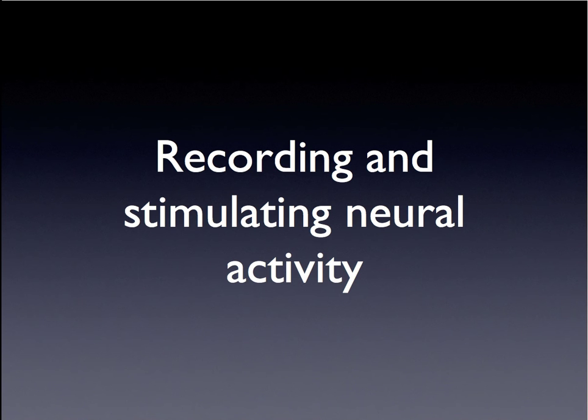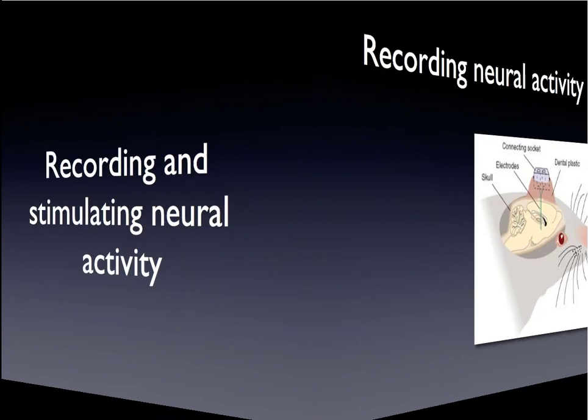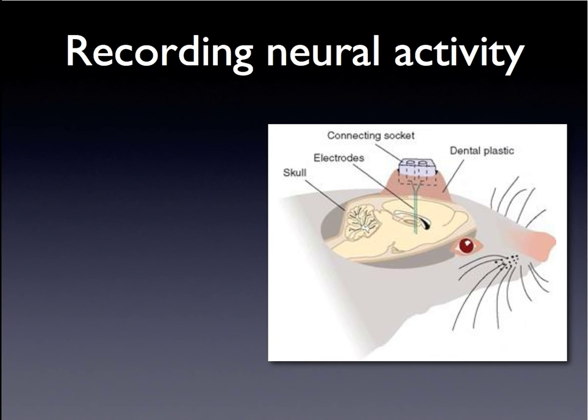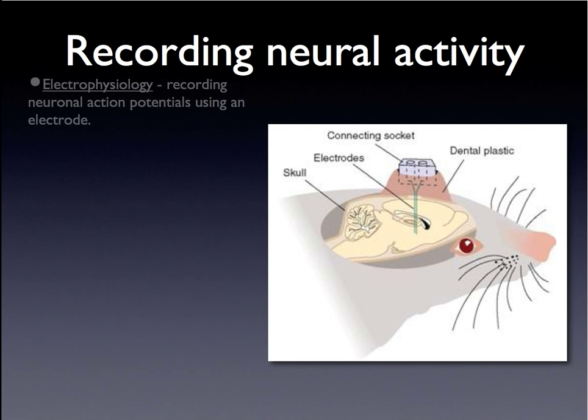So back into the physiology. In rats, you can record neural activity by dropping an electrode into the brain, either in a one-shot deal, or you can do that by embedding the electrode in dental acrylic with a connecting socket, and you can record on a daily basis from the same location.